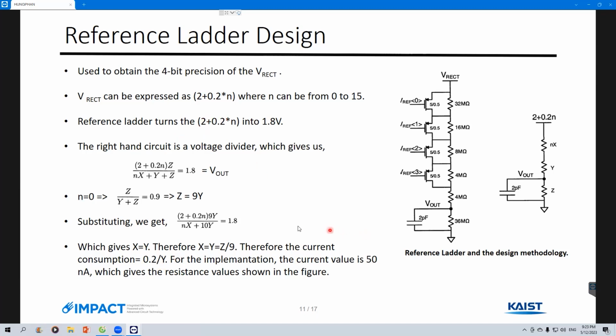It is 0.2 over 4 mega. We want 50 nanoamperes, so that's why we set Y to be 4 mega.